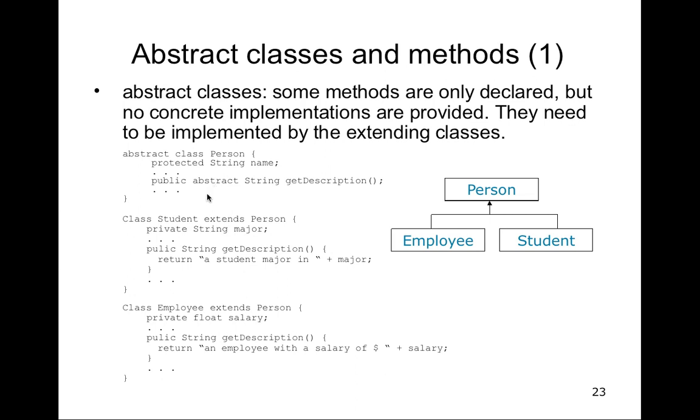Why would I want to do that? Well, maybe grad students have different majors, different classes, different campuses or something. There's something totally different from undergrad students, perhaps. Why implement something now when you're going to have to overwrite it later? So abstract classes eliminate the need to override behavior.